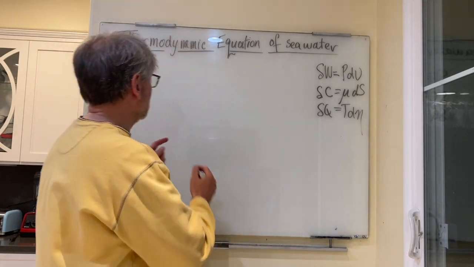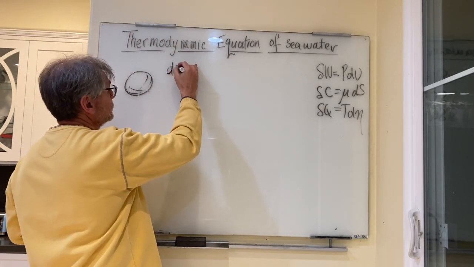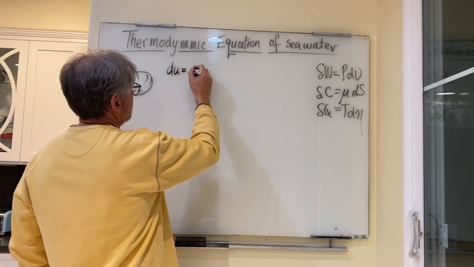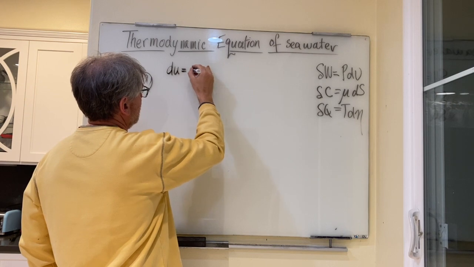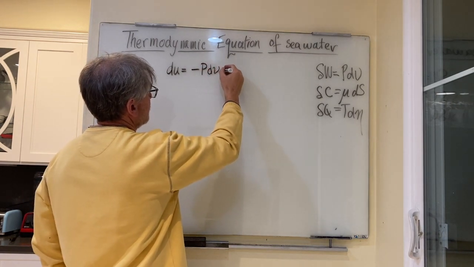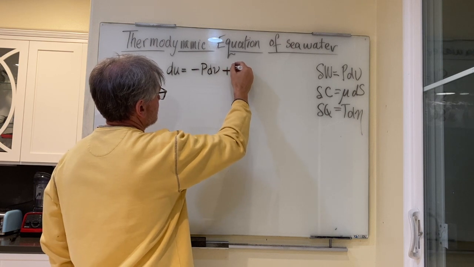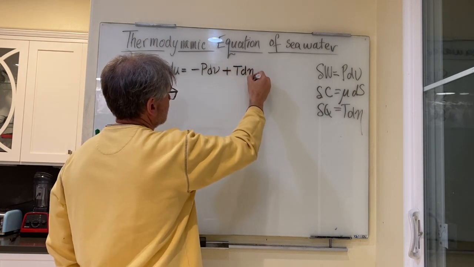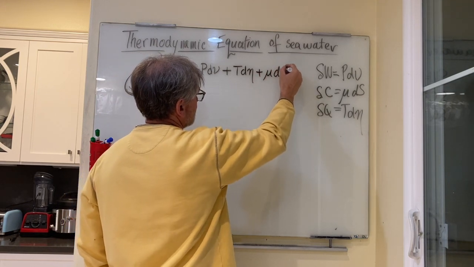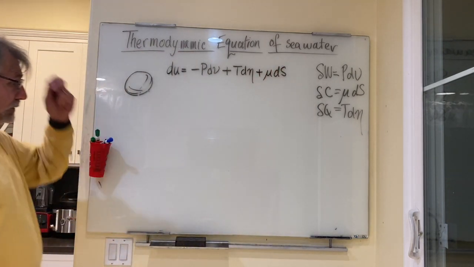All right, so we saw that the change in internal energy dU is equal to minus P dV plus T d eta plus mu ds, right?